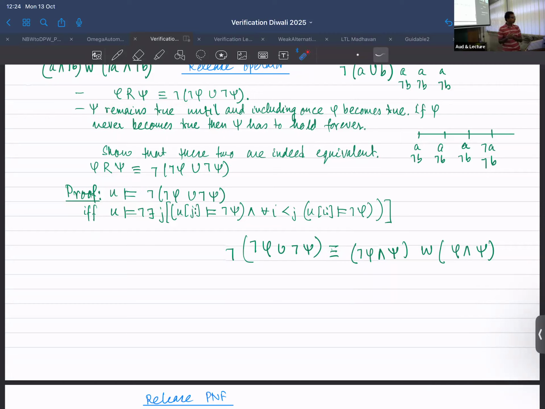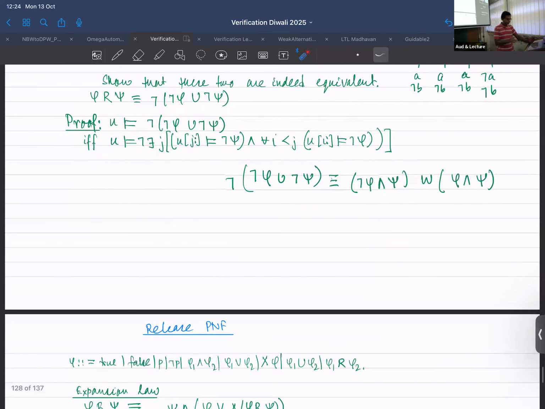So this is what we are going to call the release positive normal form. Earlier we saw the weak until positive normal form, but the downside was that when translating an LTL formula to weak until positive normal form, you get an exponential blow up. Now if we use the release positive normal form, we are not going to use the weak until any longer. We will have the until and the release operator, and that allows us to get rid of this exponential blow up.